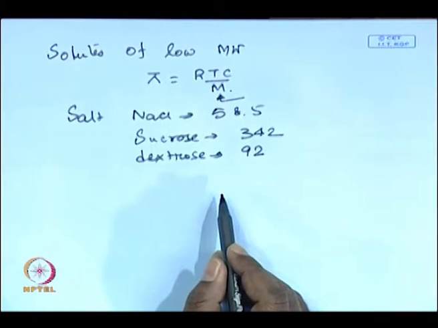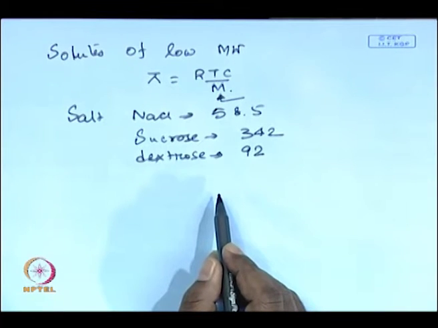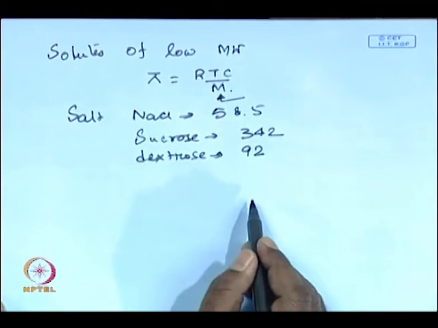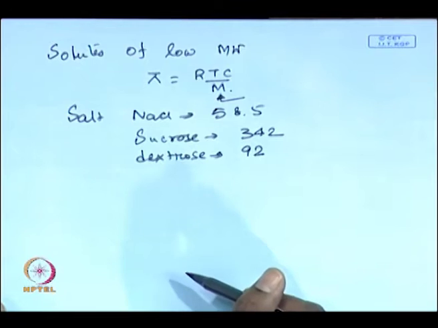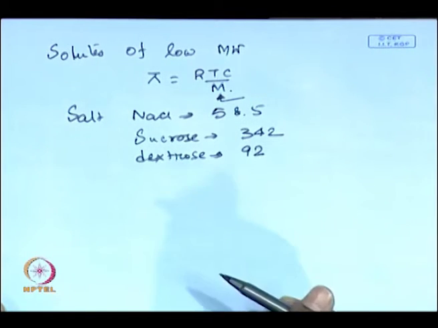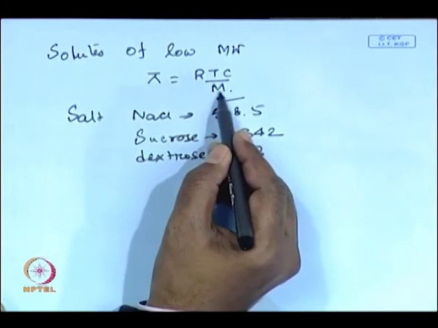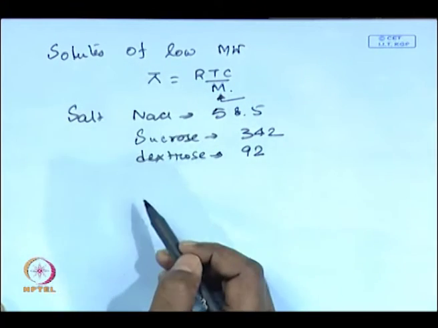For the charged proteins which have a high molecular weight, for example 70,000, 80,000, because of the charge effect and other interactions, the osmotic pressure can be very high. If you are talking of uncharged solutes, for example polysaccharides, dextran and things like that of very high molecular weight, the denominator becomes very large, and in that case osmotic pressure will be negligible.